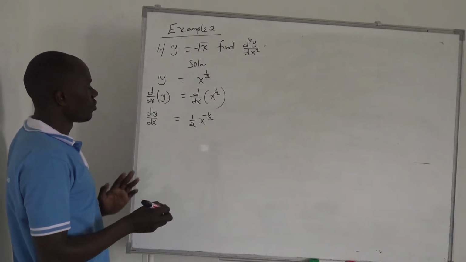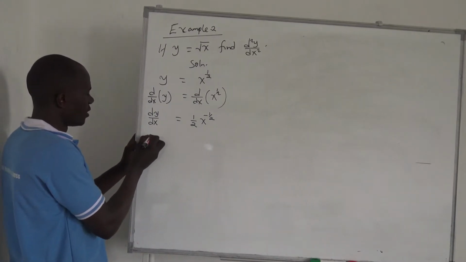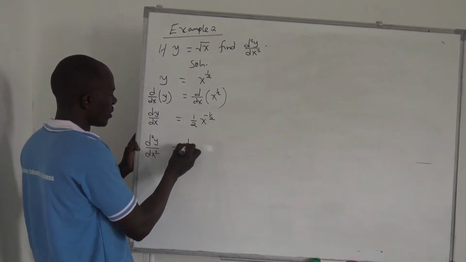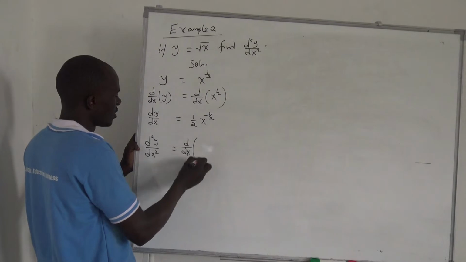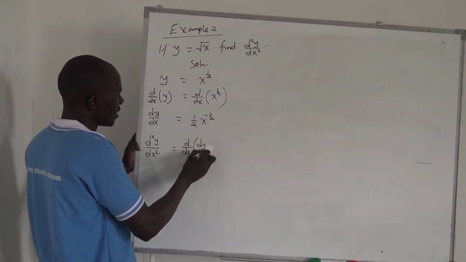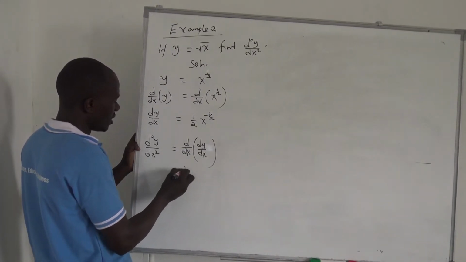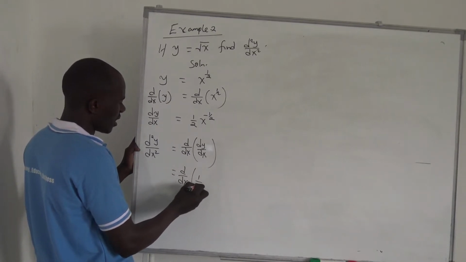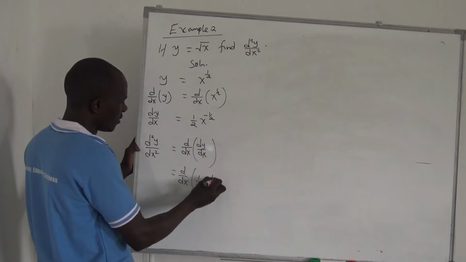So if you want to get d²y/dx², how do we do it? You look at d/dx of dy/dx, which is a half x power negative a half.